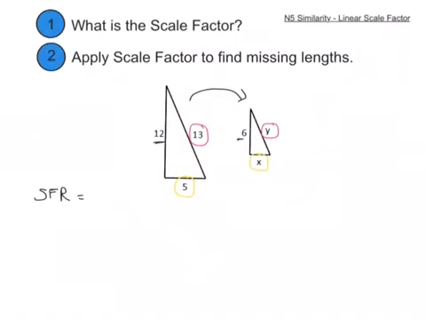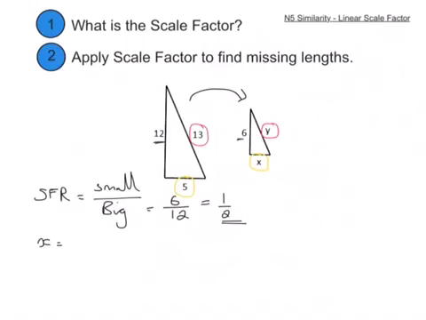Okay, and when it's a reduction, we're doing the small length that we've got divided by the big length. So the 6 divided by 12, which is the same as a half. Okay, and that's your scale factor done. Now, to get x and y, we're just going to multiply the corresponding sides of those by our scale factor of a half.